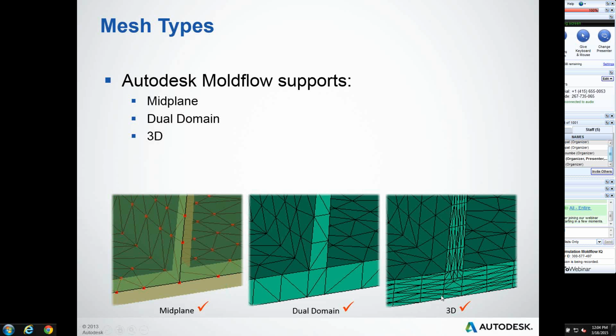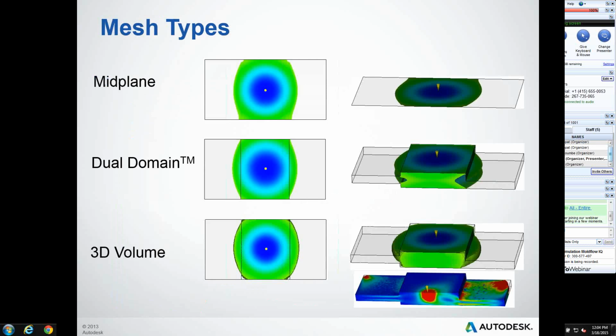Now, one of the things to be conscious of is that every one of these mesh types has advantages and disadvantages, and we want to talk about those today. Let's get a clearer view of what this means when we view these different representations of the model.